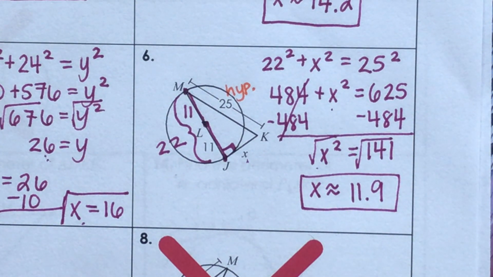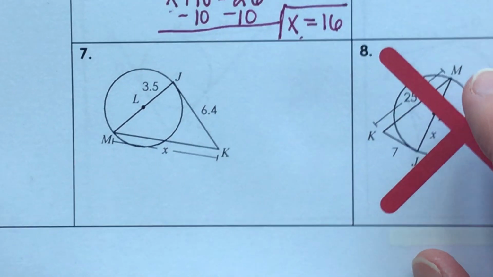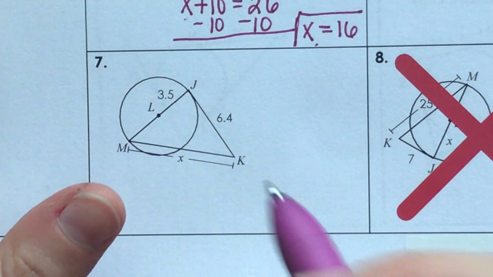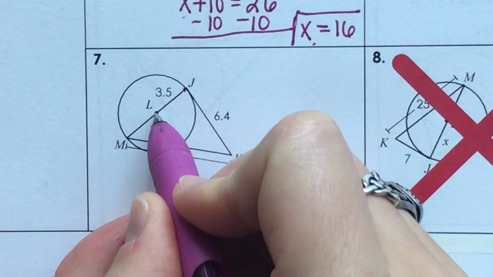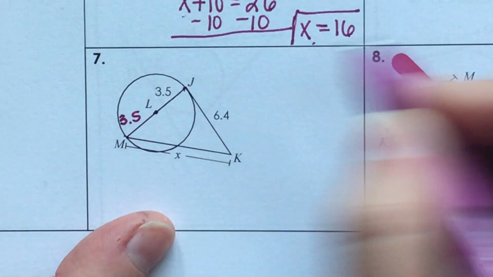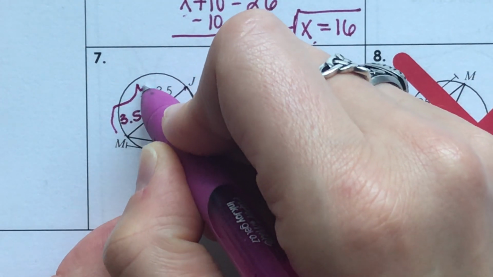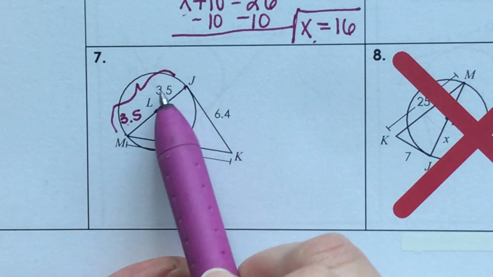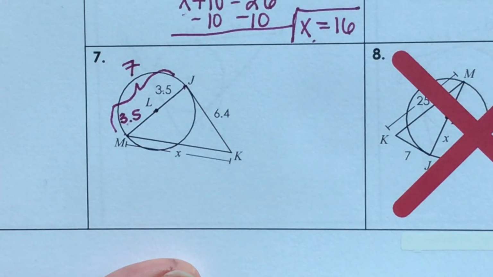All right, one more like that. Number 7. Again, I'm given a radius right here. That must mean that this radius over here is exactly the same, so it's also 3.5. That means this whole side, if I add 3.5 plus 3.5, I get 7 for the whole side.